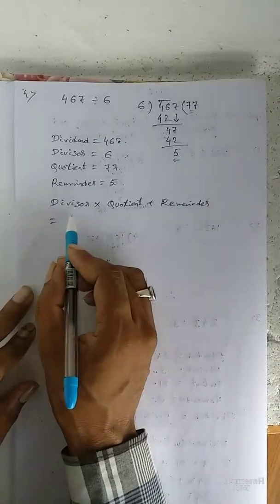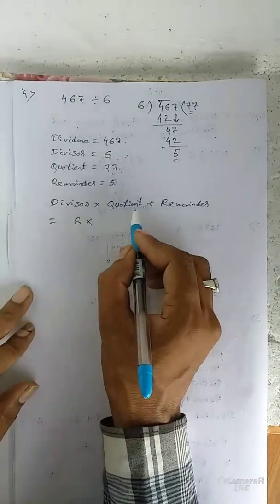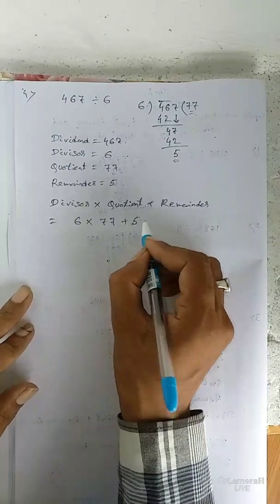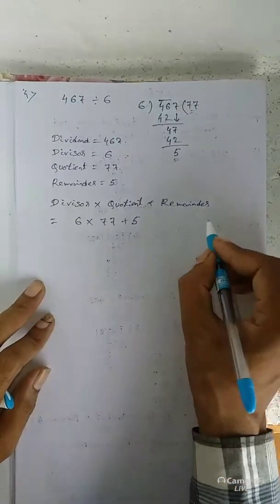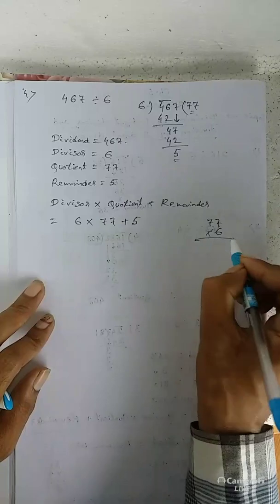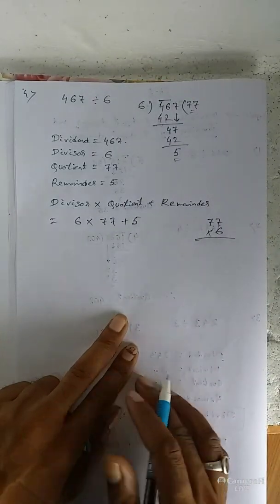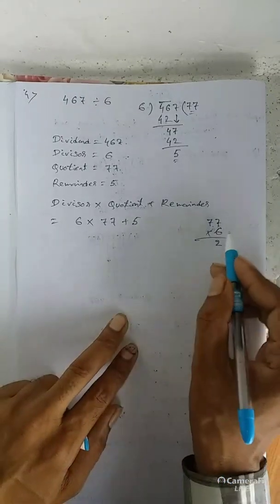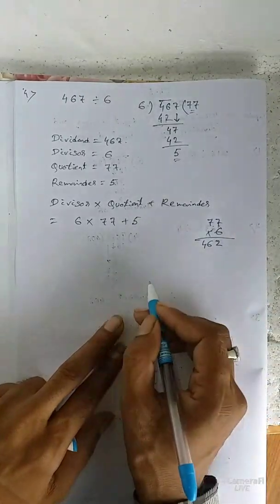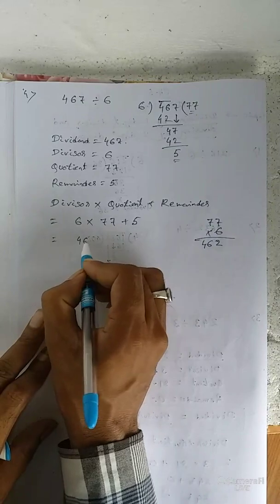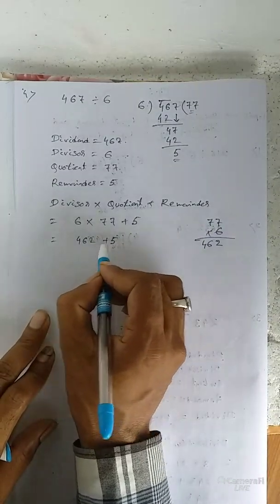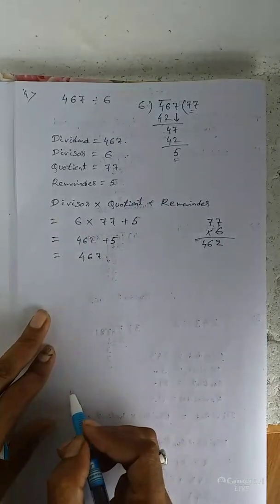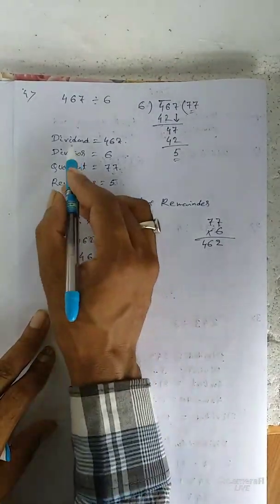Now here the divisor is 6, multiplied by the quotient 77, plus the remainder 5. Let us first find the multiplication of 77 and 6. 6 times 7 is 42, 4 carry, 6 times 7 is 42 plus 4 is 46, so 462. 462 plus the remainder 5 gives 467, and 467 was the dividend.